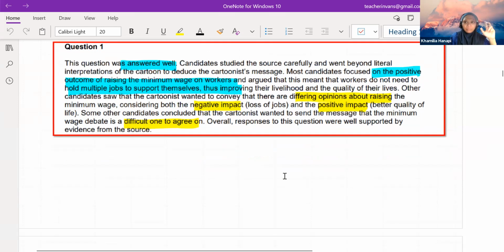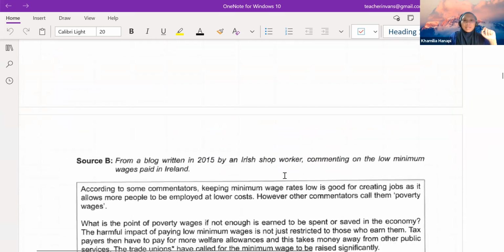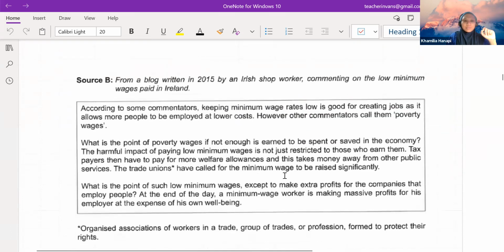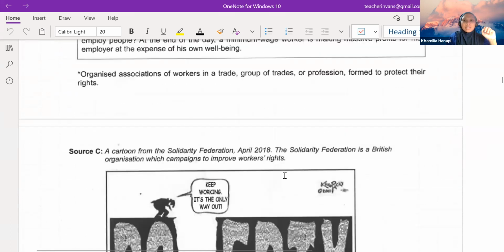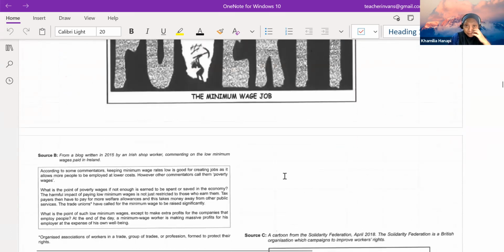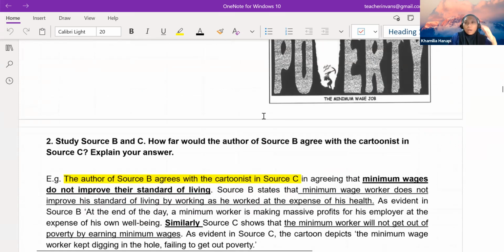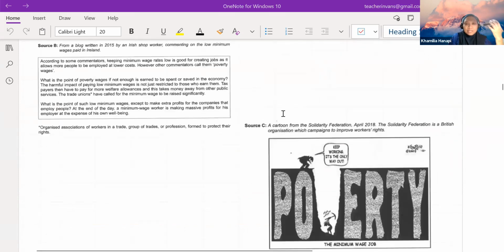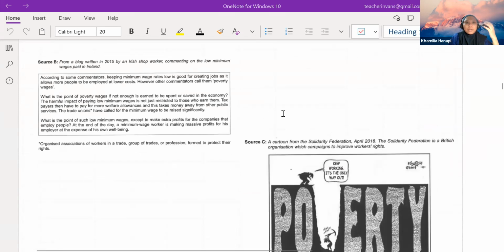All right, now let's take a look at source B as well as source C. Source B and source C is actually about compare and contrast. When we look at source B as well as source C, it does talk about the agreement between these two sources.